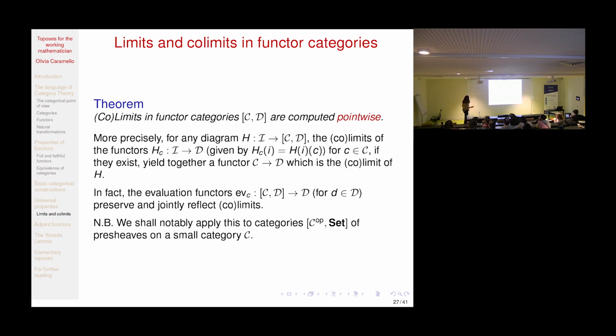Basically, things are quite trivial because it turns out that if I have my diagram H and I compose here with the evaluation functor, and so I obtain this, suppose that limits exist in D, or at least that limits of these particular diagrams exist in D, what I can do is, for any C, I take the limit of this composite functor.